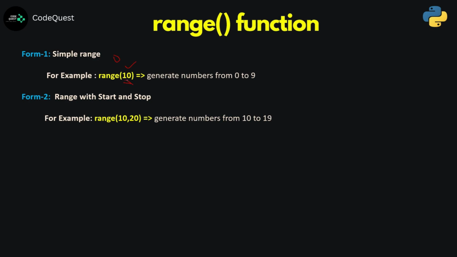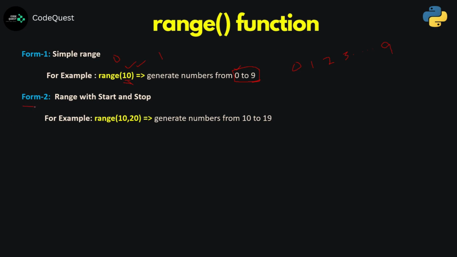Now, because the stop value is 10, that is 10 minus 1, up to 9, I am going to get the numbers. Because we have not mentioned the third argument, that is step, it is by default 1. So it begins with 0, and every time the step increases the value by 1, so 0, 1, 2, 3, like that, it is going to go up to 9.